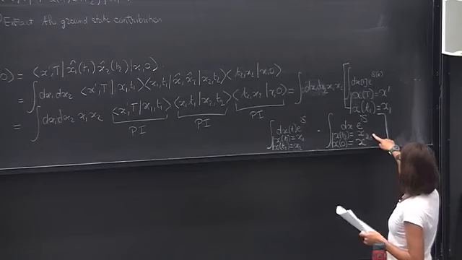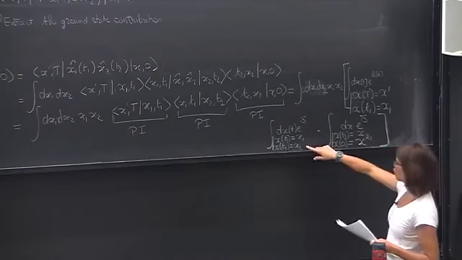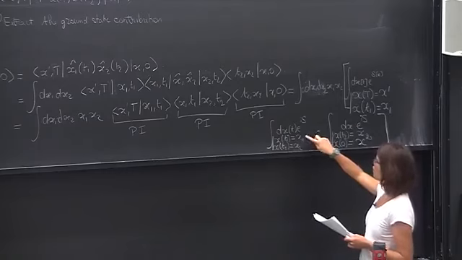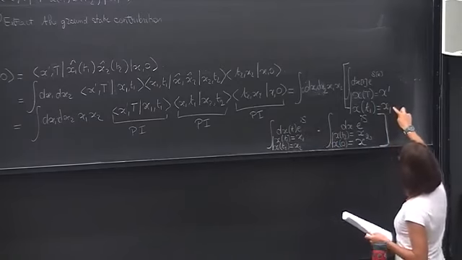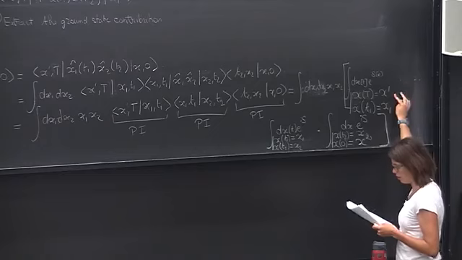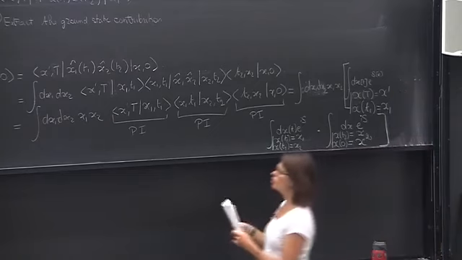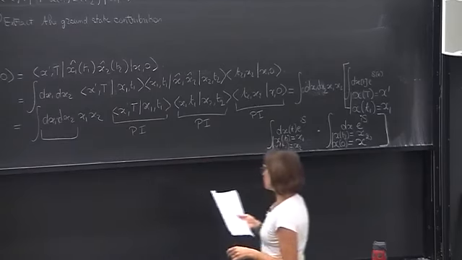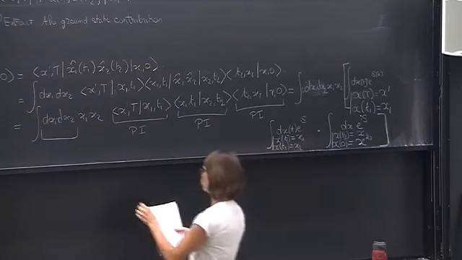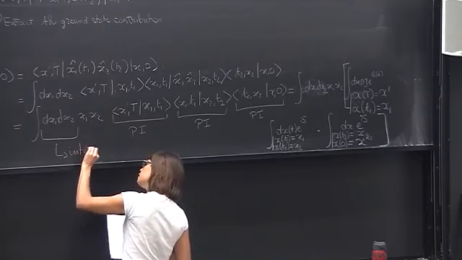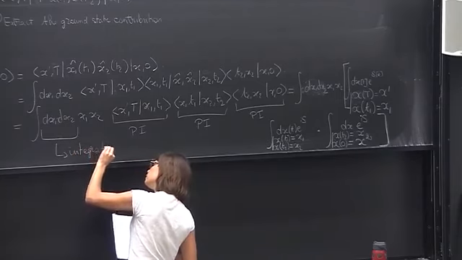Then the second one starts from x2 at time t2 and goes to x1. And then the third one goes from x1 to the final position x prime. And here you have an integration over dx1, dx2. So this means that you integrate over the two arbitrary positions.